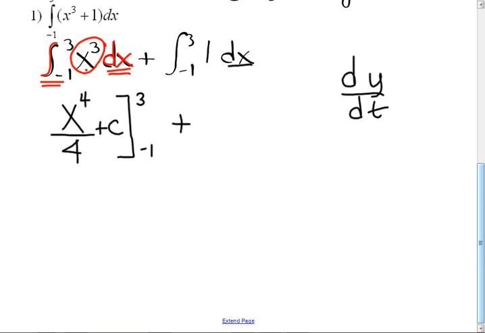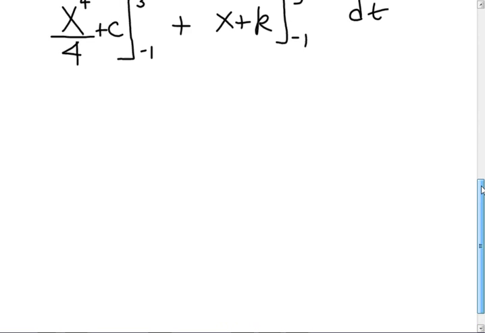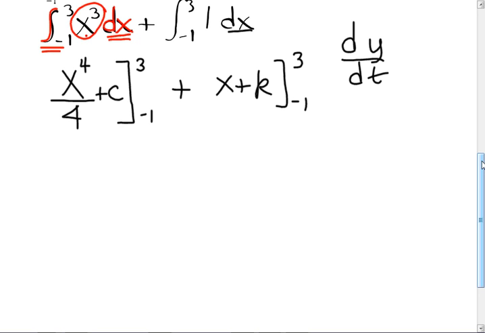The derivative of what gives you 1? x plus c. Oh, it's a different constant, isn't it? So we call it k. So it's a different constant than c.